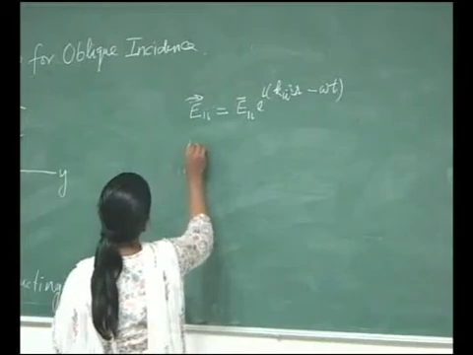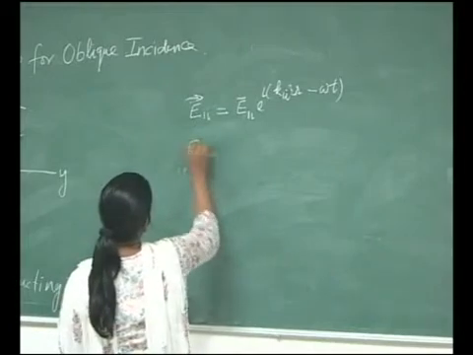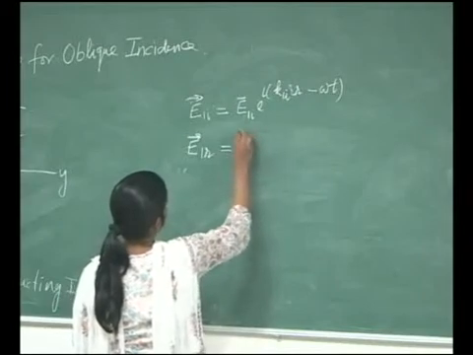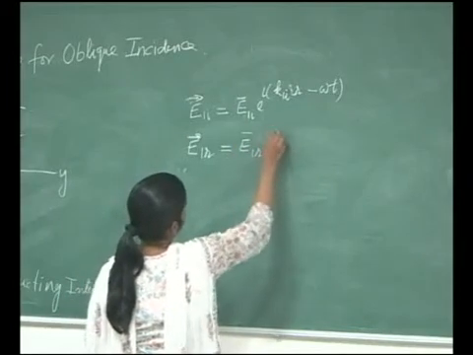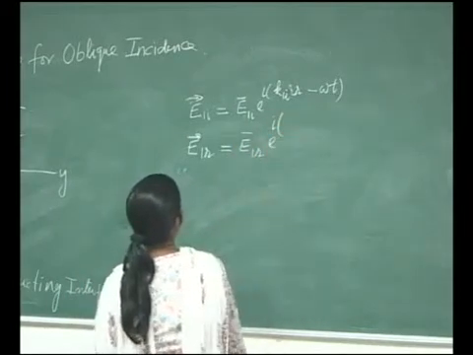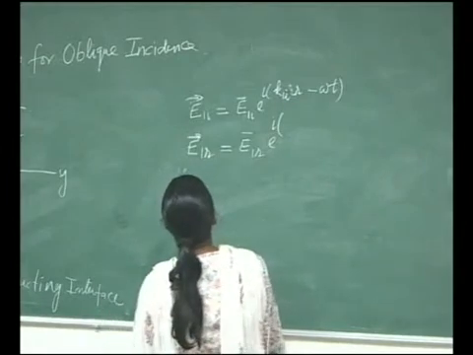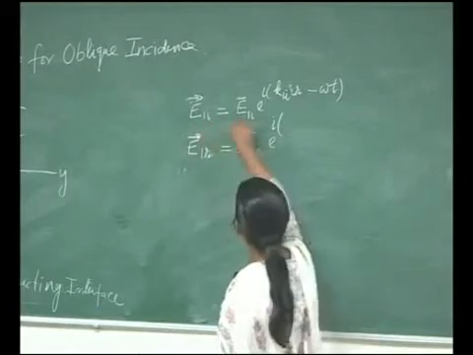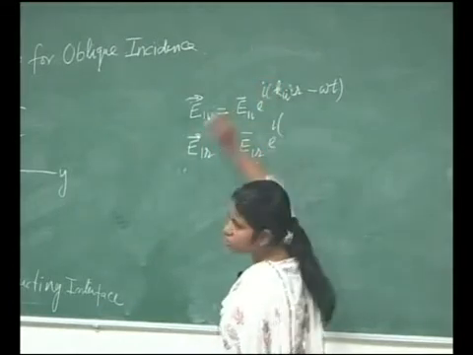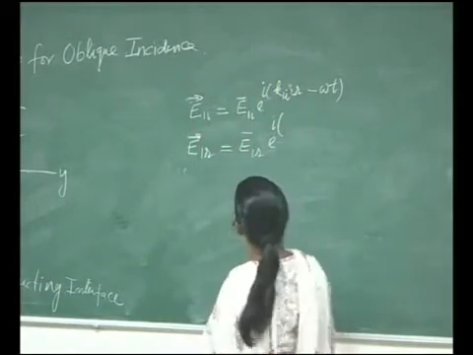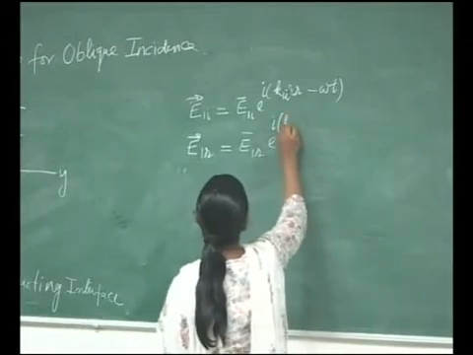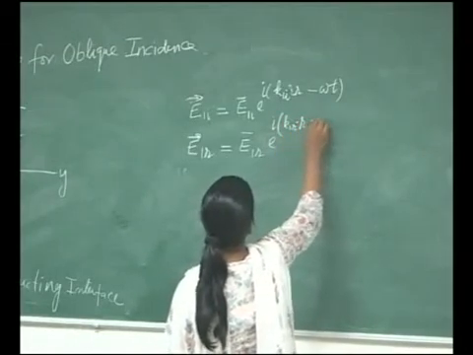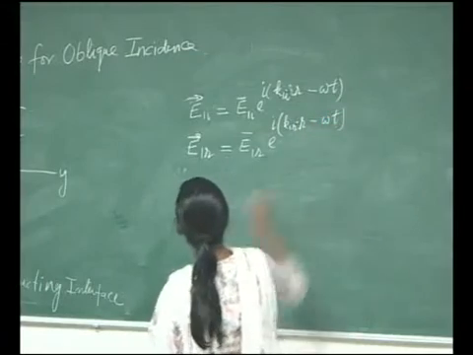And E1R vector is some average amplitude E1R times e to the power i(K1R dot r minus omega t). There should not be any confusion, because this I in the subscript is the incidence and the i in the exponent is the imaginary unit. They are different.